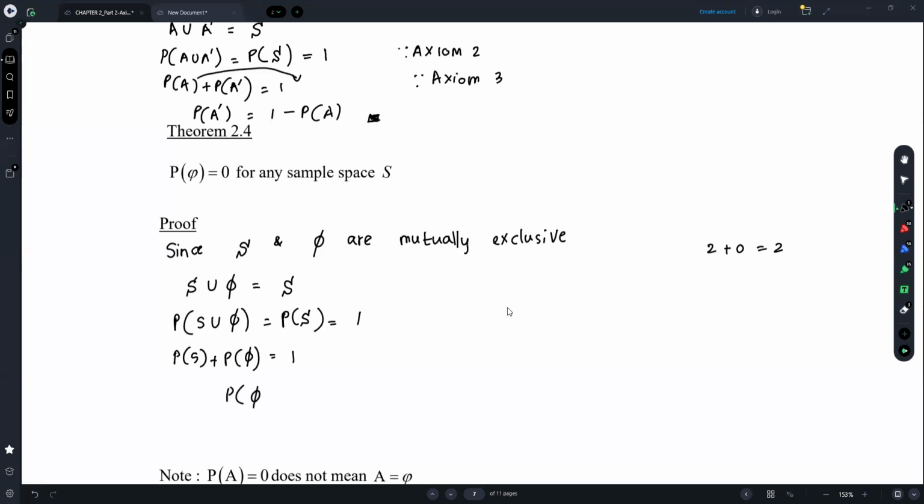So the probability of the empty set will be 1 minus P(S), which is 1 minus 1, 0. Okay. So you can very easily show this one.